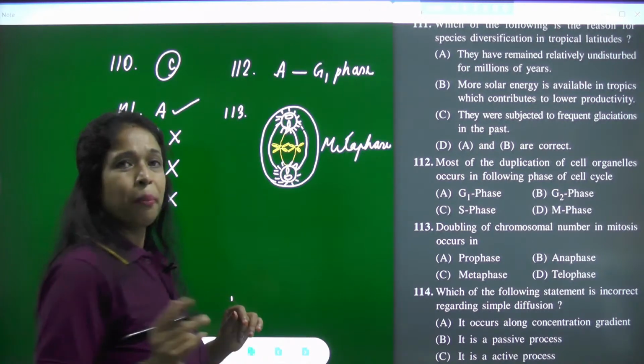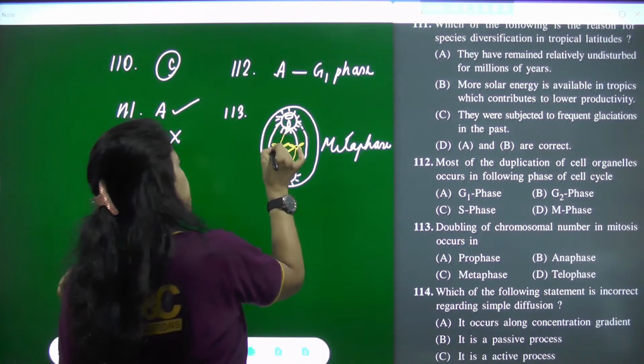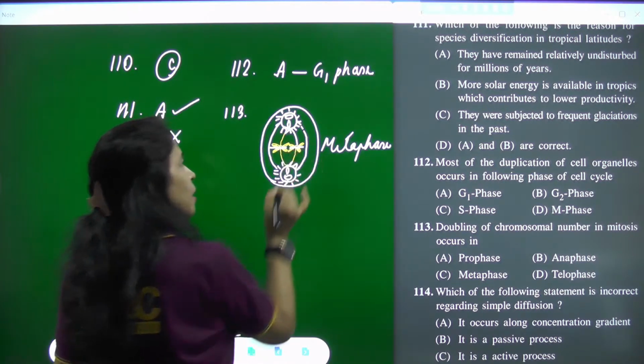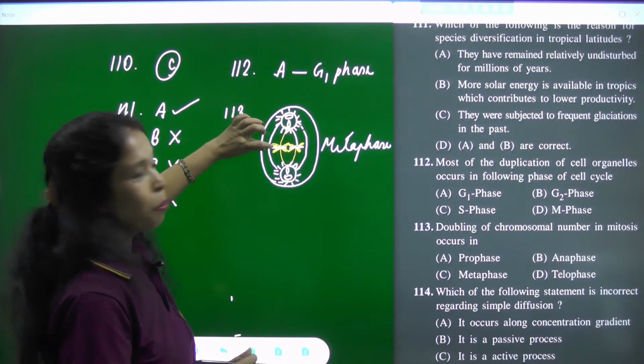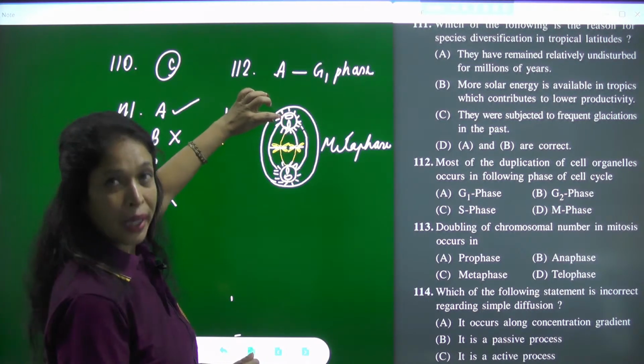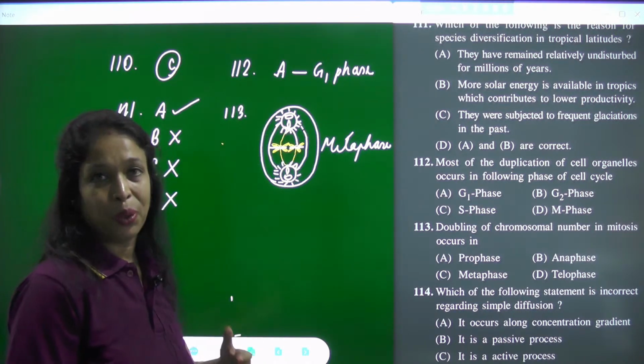In the next phase of mitosis, which change will occur? There will be splitting of the centromere. The centromere will divide so that one part of the chromosome moves to one pole and the other part migrates to the opposite pole.